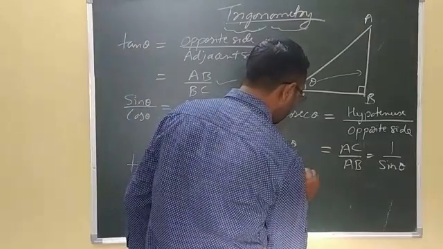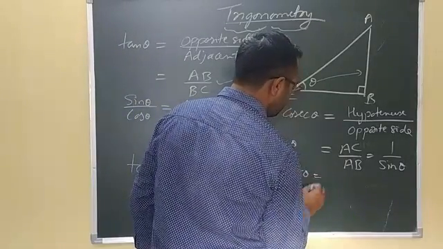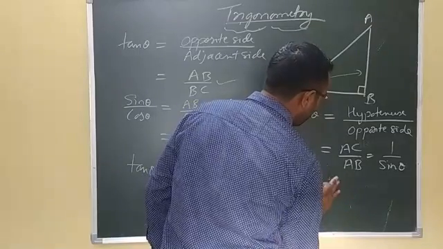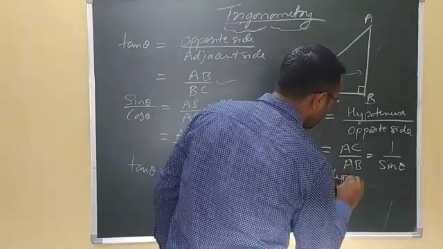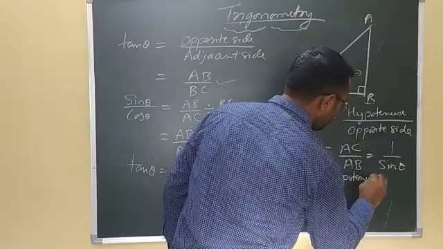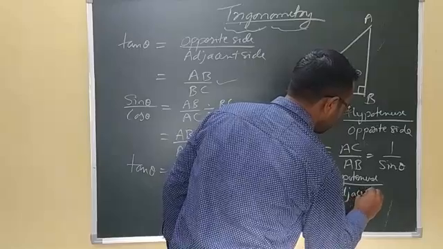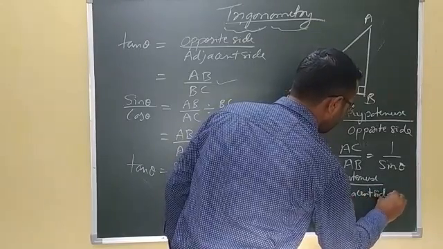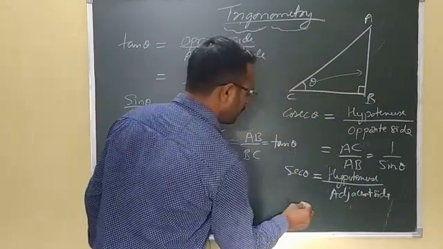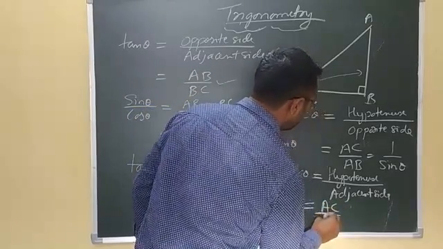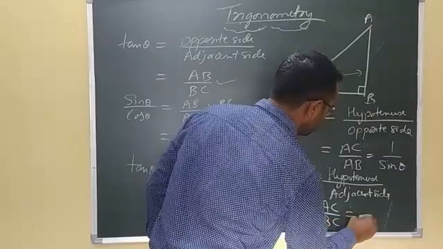Now sec theta is equal to hypotenuse upon adjacent side. So here hypotenuse is actually AC and adjacent side is BC.